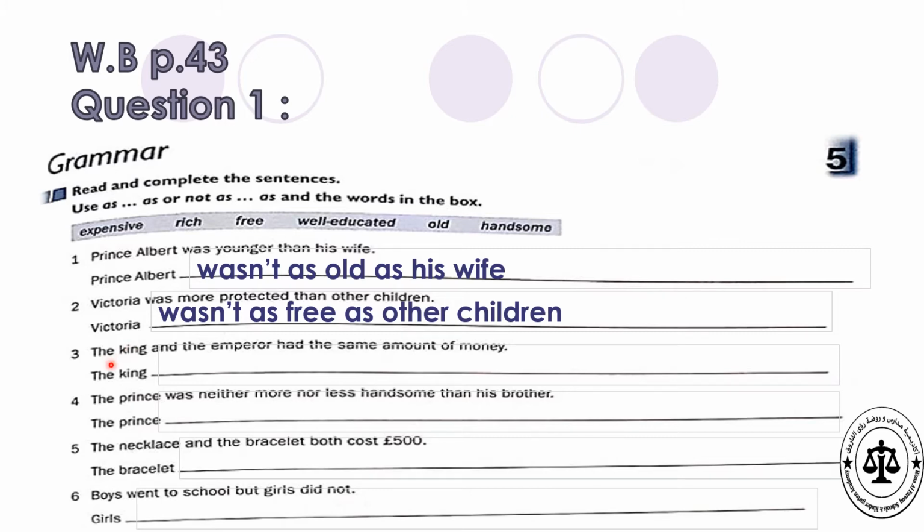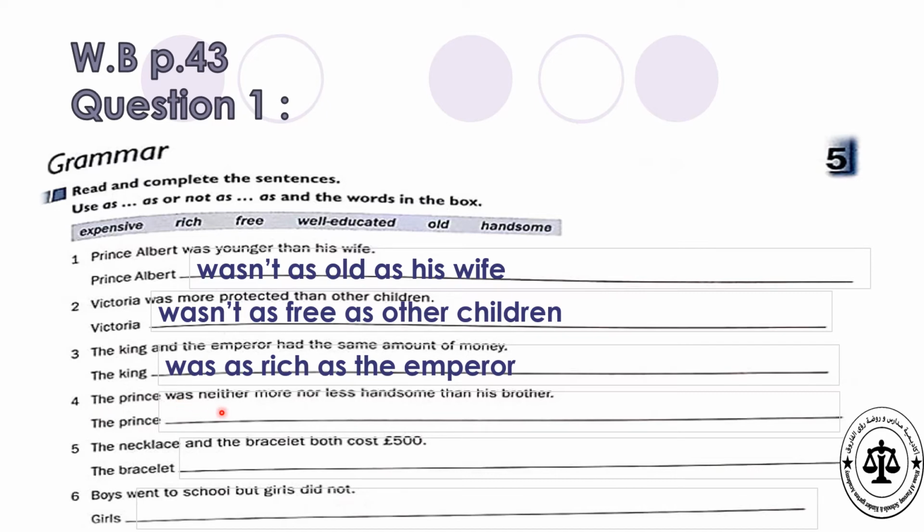Number 3. The king and the emperor had the same amount of money. The same amount of money, so we use as. Excellent. So the king was as rich as the emperor. Number 4.